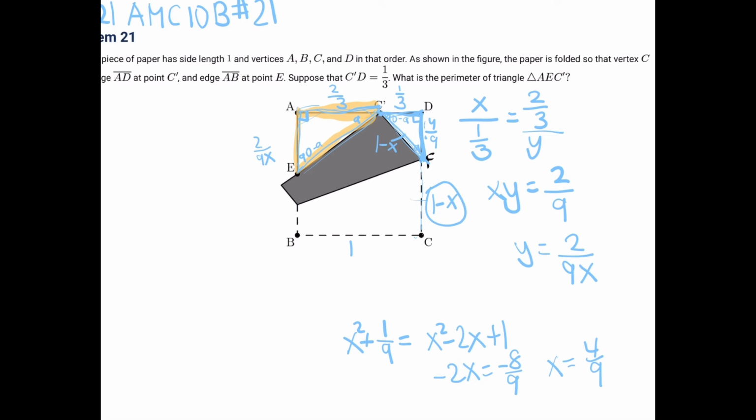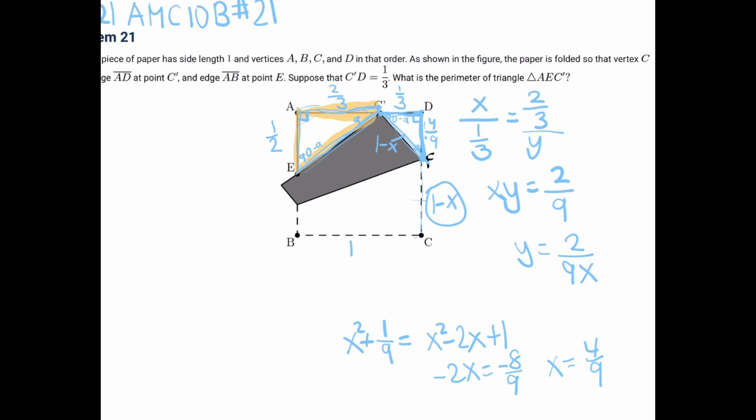However, we're trying to solve for the perimeter of AEC prime. So here, AE is 2 over 9 times x, that's 2 over 4, which is equal to 1/2. Now we're going to use the Pythagorean theorem again to solve for the length of EC prime, and then eventually add those sides up.